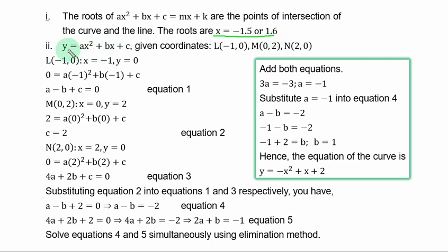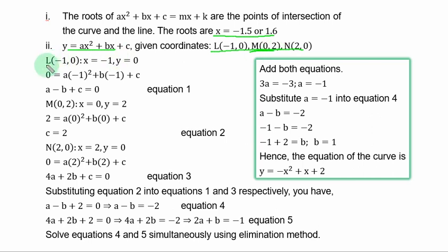To find a, b, and c, you have the 3 coordinates. Like I said earlier, you can start from the y-intercept or any one precisely, but taking the y-intercept will give us c. Of course, you need to replace c in the remaining equations.